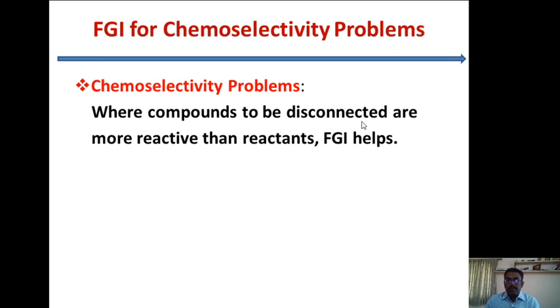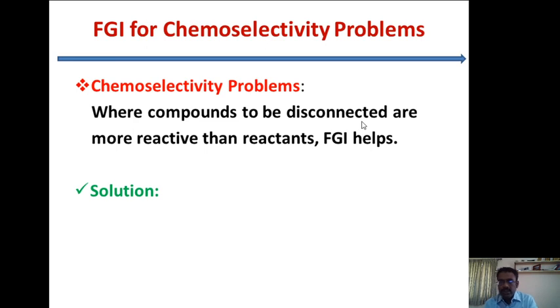Suppose the disconnected bond is more reactive than the reactant; you are converting the reactant to the product. If the product is more reactive, then you cannot get the desired product, because it will keep reacting further. So what is the solution? When your product is more reactive than the reactant, you use functional group interconversion.